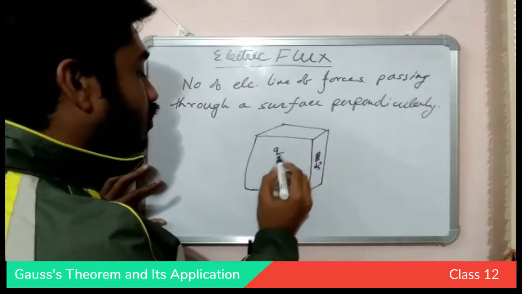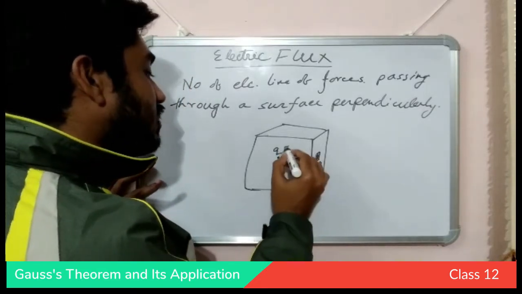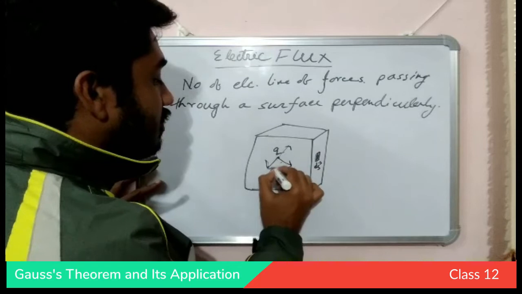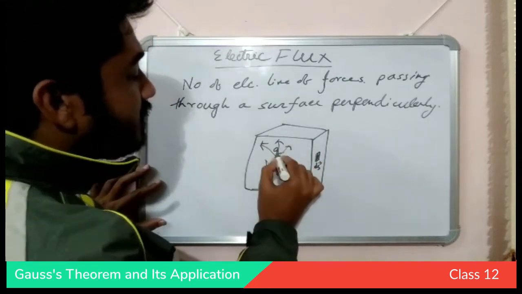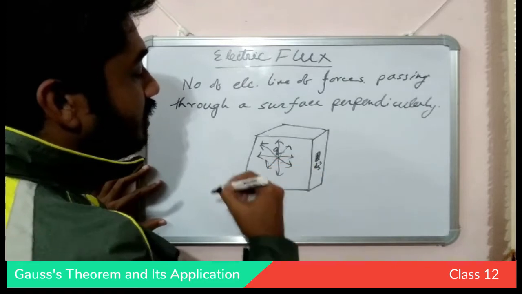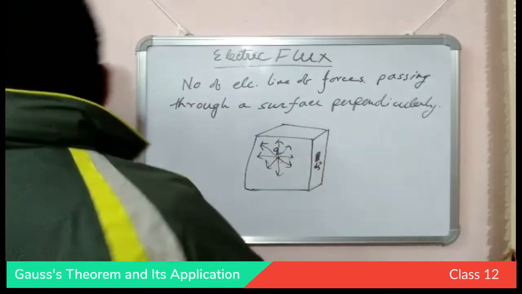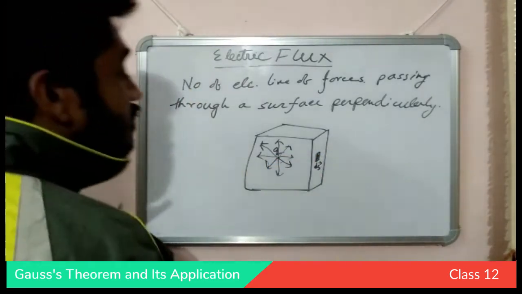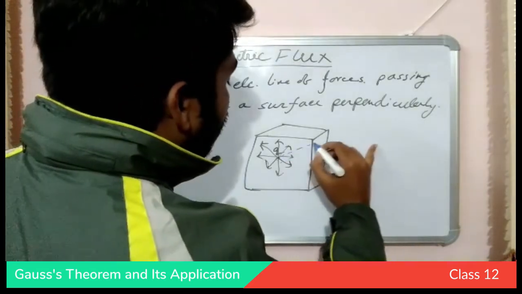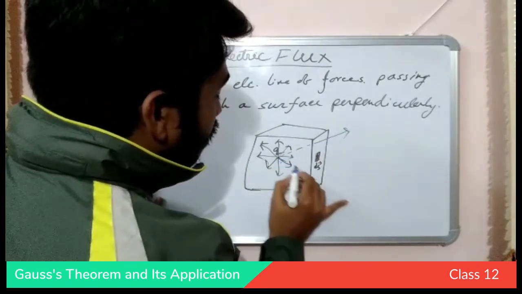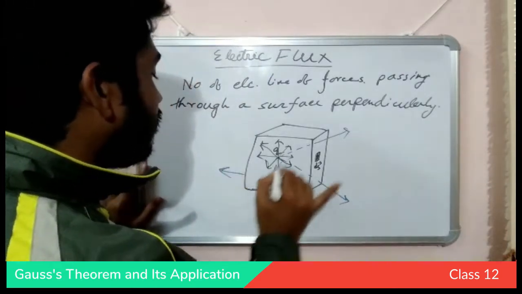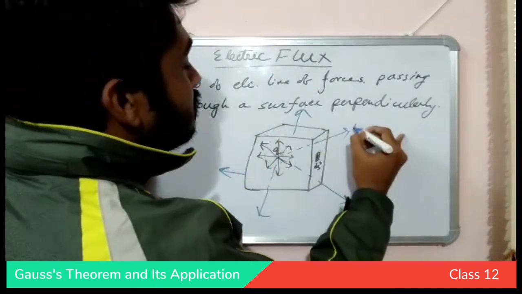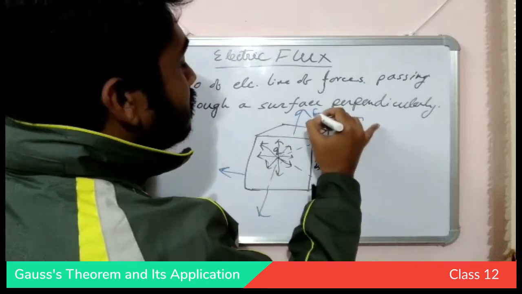The lines of force from a point charge go in every possible direction in three dimensions. So the lines of force will go out from this box like this, and maybe like this, or like this, and this is E in every direction.